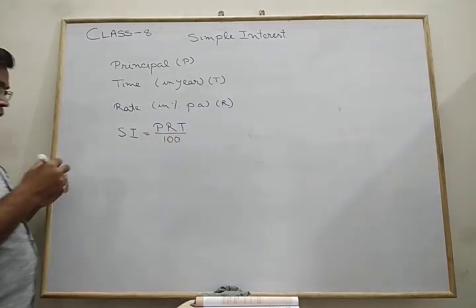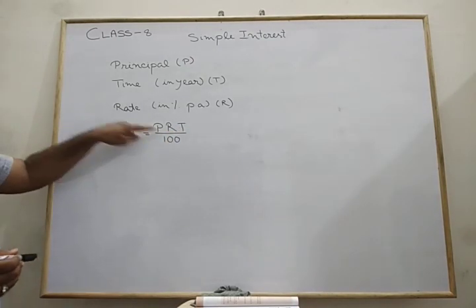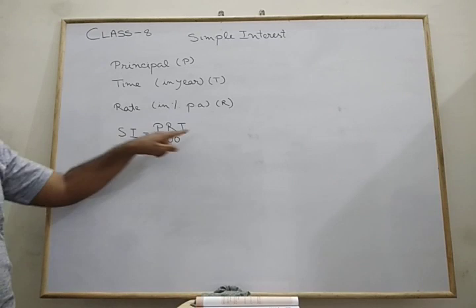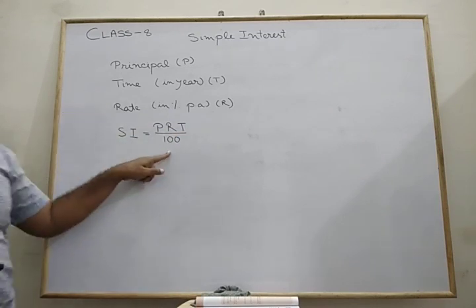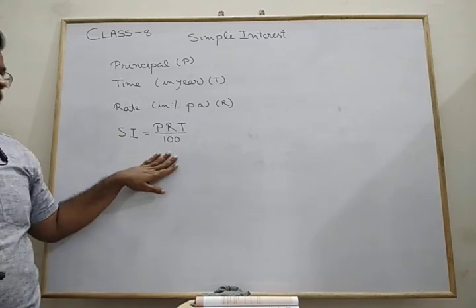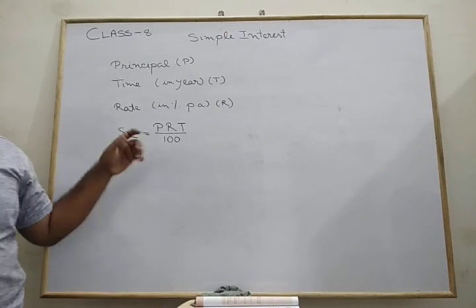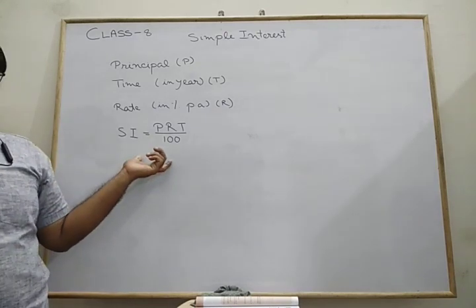This is the formula where P represents principal, R represents rate of interest, T represents time. From this we can find the simple interest of the given sum.